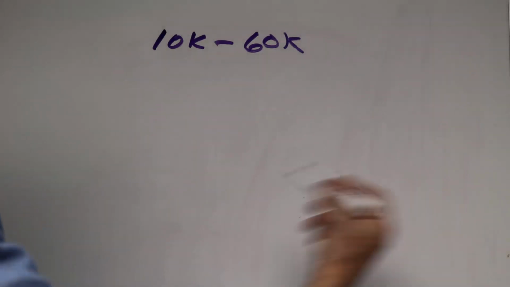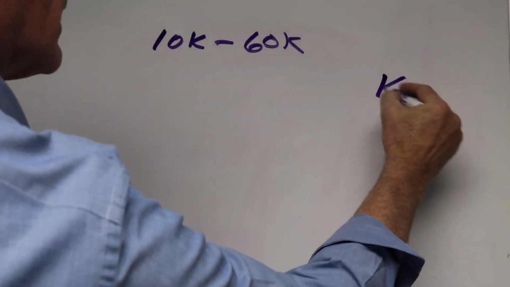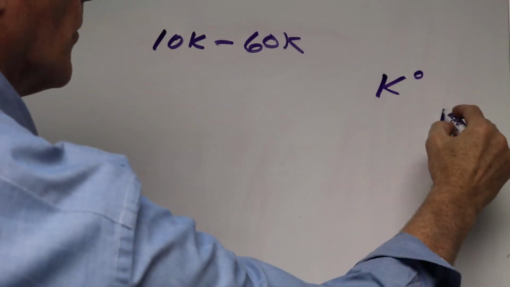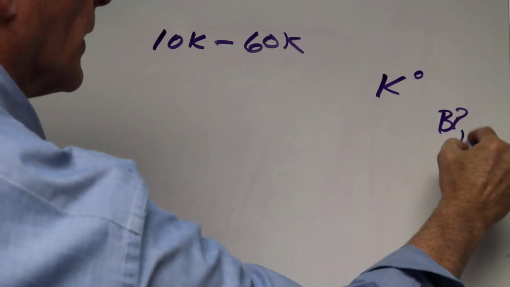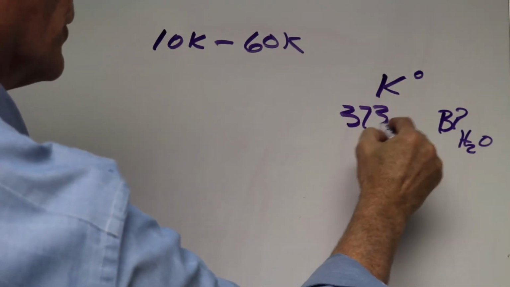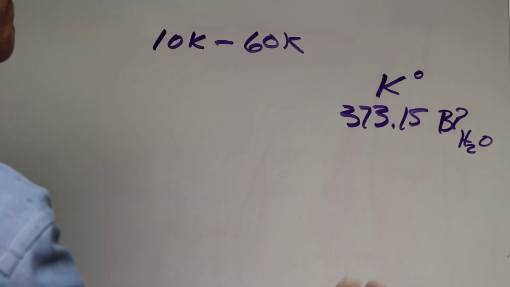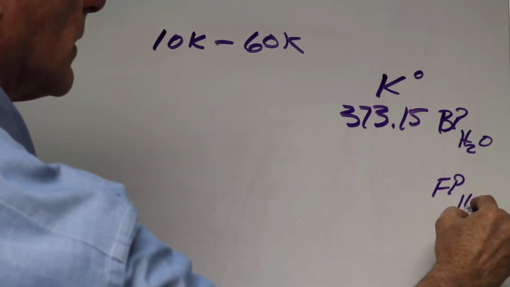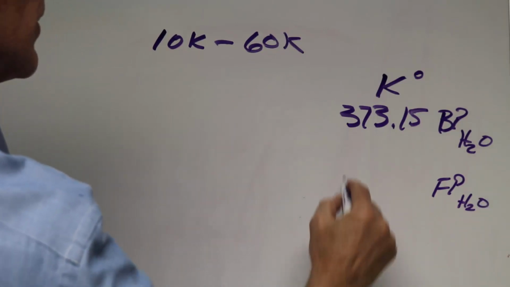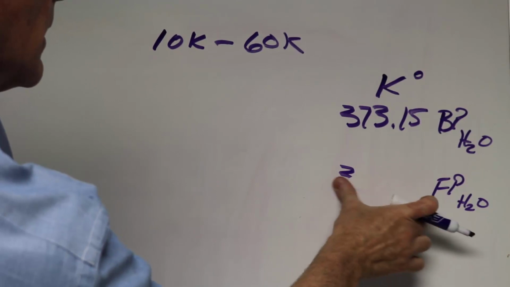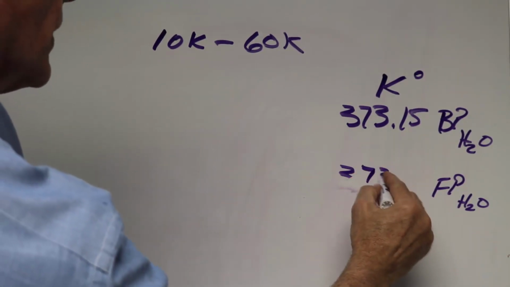So let's say, for example, that on the Kelvin scale, okay, you have the boiling point of water is 373.15 degrees. And then you have the freezing point of water at 273.15.